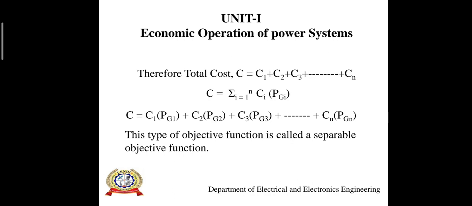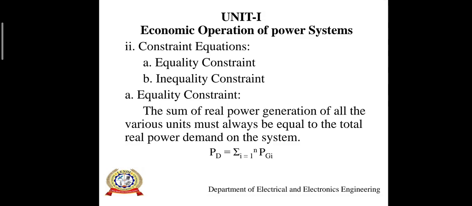Like that up to n units, Ci becomes Cn and Pgi becomes Pgn, so that we can write C equal to C1 of Pg1 plus C2 of Pg2 plus C3 of Pg3 and so on plus Cn of Pgn. This type of objective function is called a separable objective function. The objective function is over. Now the constraint equations.